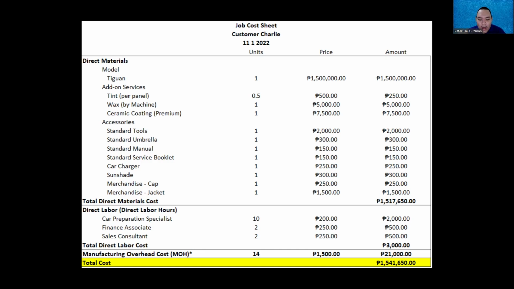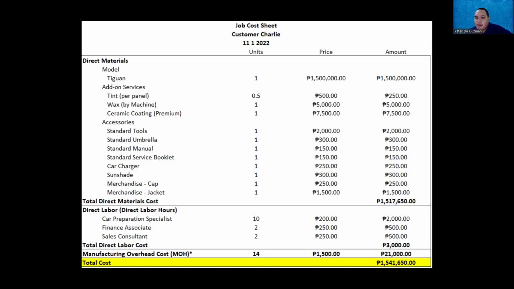Of course, probably one of the more challenging aspects of a job cost sheet would be the manufacturing overhead cost because there's no way to precisely determine the correct rate. And it may not even be the case that there's only one driver. There may be multiple drivers, and there may be a formula that needs to be developed in order to accurately determine the manufacturing overhead costs.